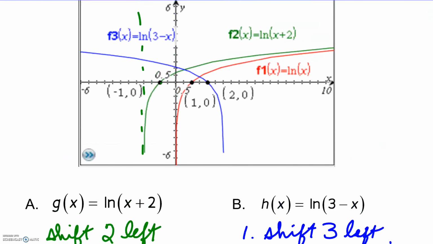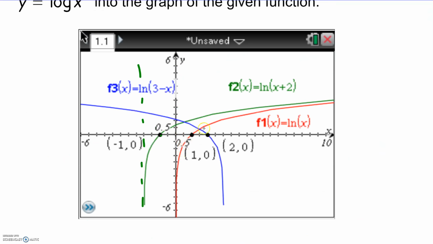If you look up here at the graph, imagine taking this red graph and shifting it 3 to the left first. So this point would go over here, 1, 2, and the asymptote would be here like this. But then flip it over the y-axis, and now you have this final graph that I have drawn here.